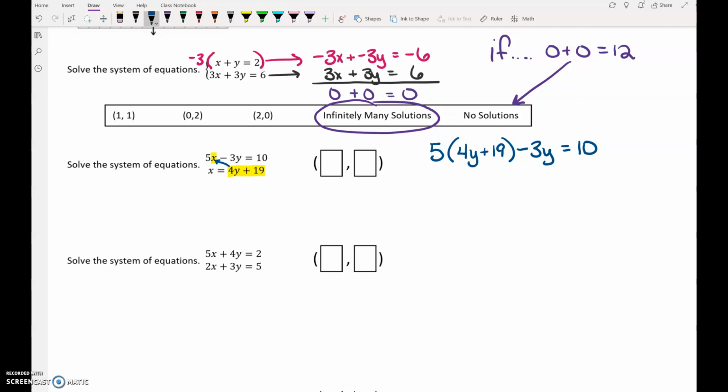We distribute. 19 times 5 is 95, by the way. Combine like terms. And then solve, figure out what y is.